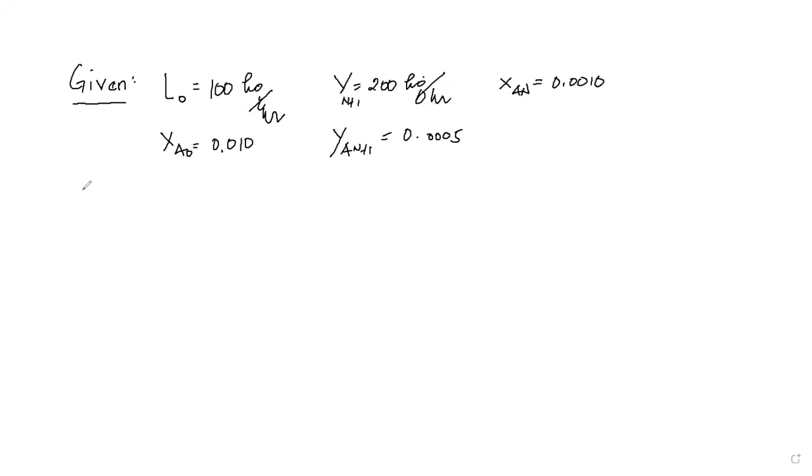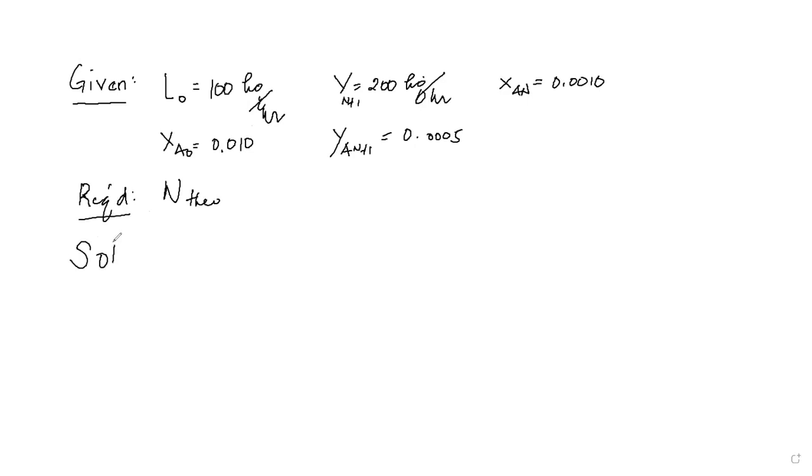So in this particular set of given information, we are required to determine the theoretical number of stages. Of course, the equilibrium data has to go with this set of information.